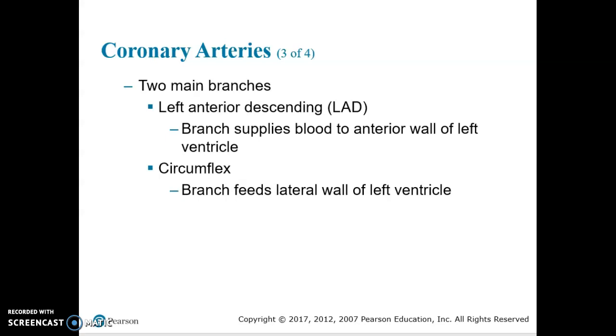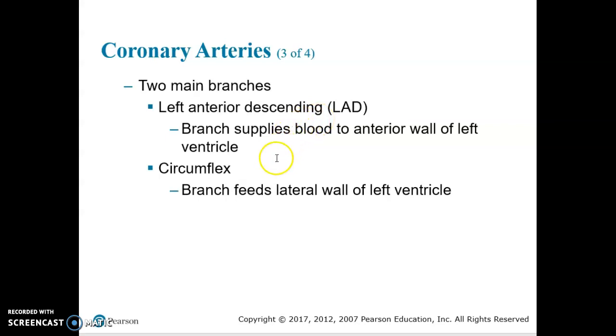Now, we're going to break this down further. The LMCA, the left main coronary artery, has two main branches. It branches into the LAD, which is the left anterior descending artery. This branch supplies blood flow to the anterior wall of the left ventricle.